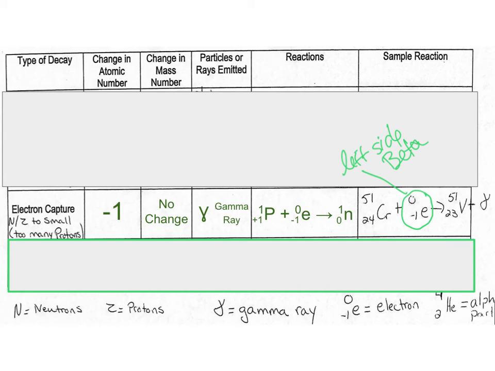So we have V now. And then we also are going to see our gamma ray. Those 2 things, the left side beta particle and the gamma ray on the right side, if you see those every single time, you are going to have electron capture.